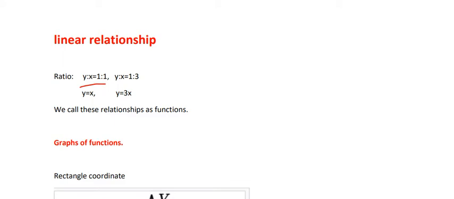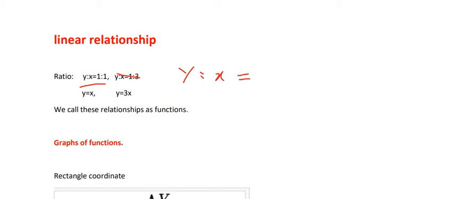So if one guy makes $1, then the other guy makes $3. Or if you make $1, I make $3, right? So suppose y makes more money than x. We say y makes 3 times as much money as x.